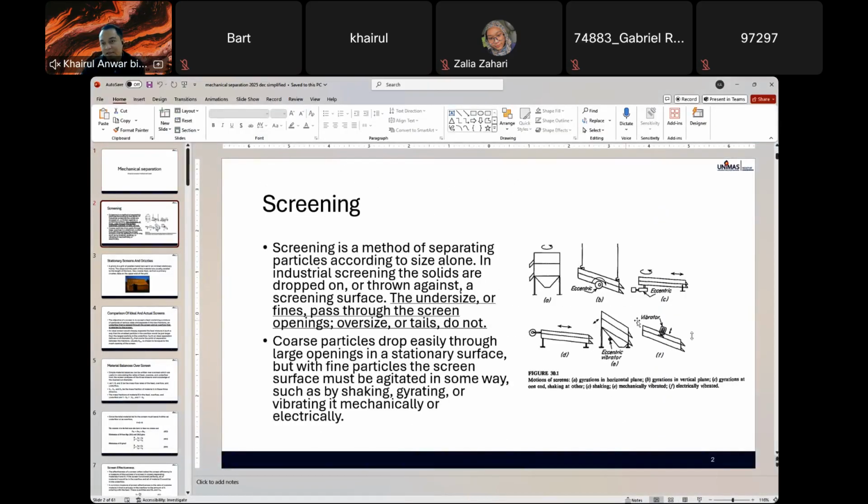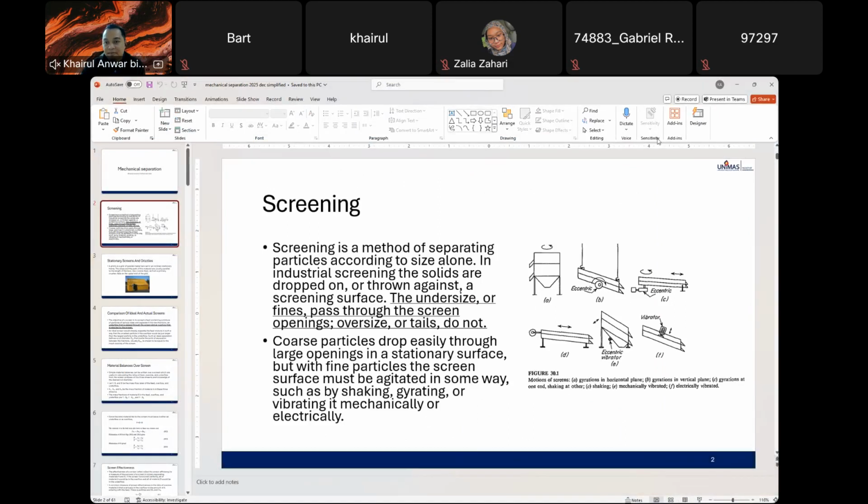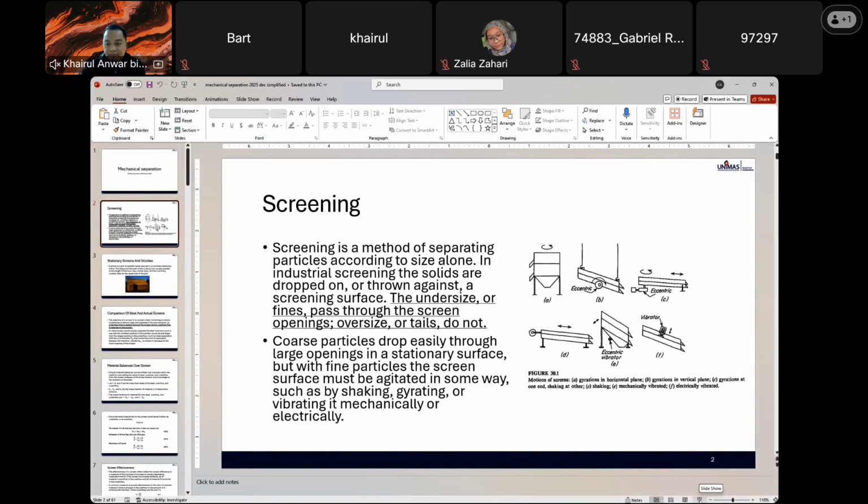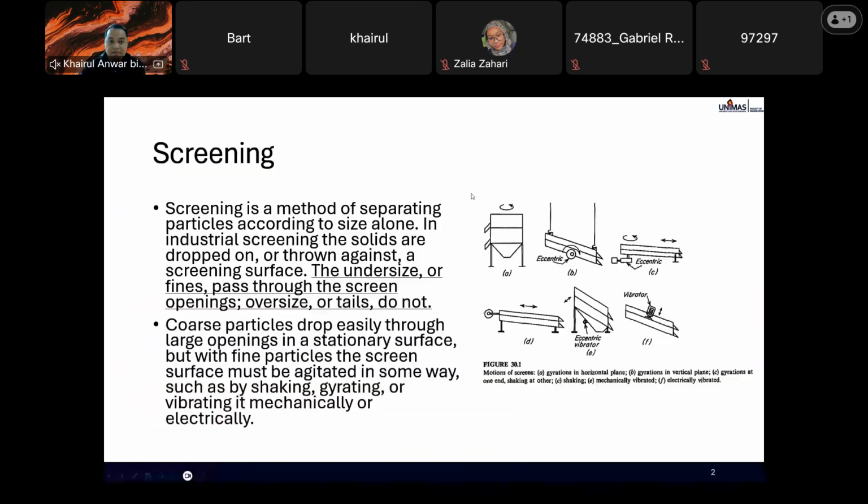Screening. Screening is a method of separating particles according to size alone.